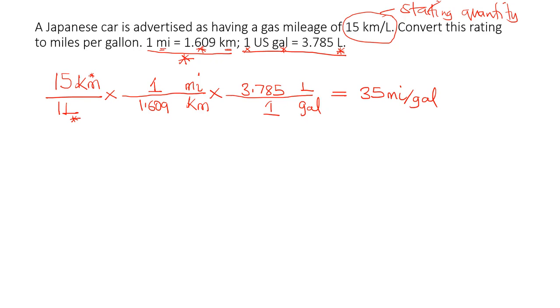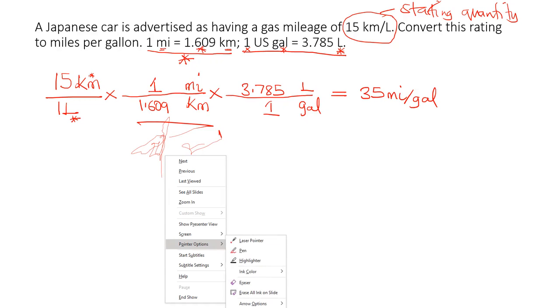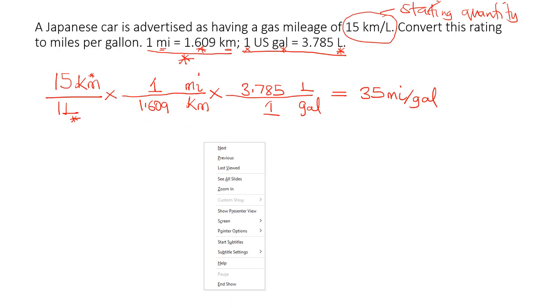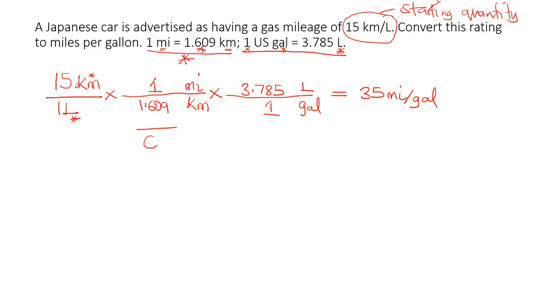So you can see that here, this one is conversion factor 1. Let me just delete this part. So this one is conversion factor 1. This one is conversion factor 2.